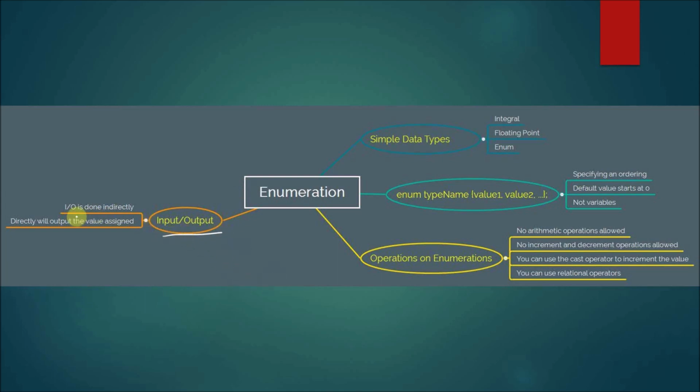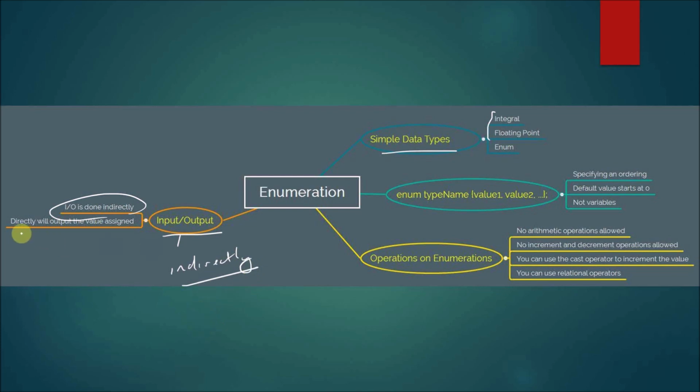Enumerators input-output. Input-output is done indirectly. C++ only accounts for input-output with your integral and floating point simple data types. So with enumerators, you have to do input-output indirectly, and I'll show you that later.